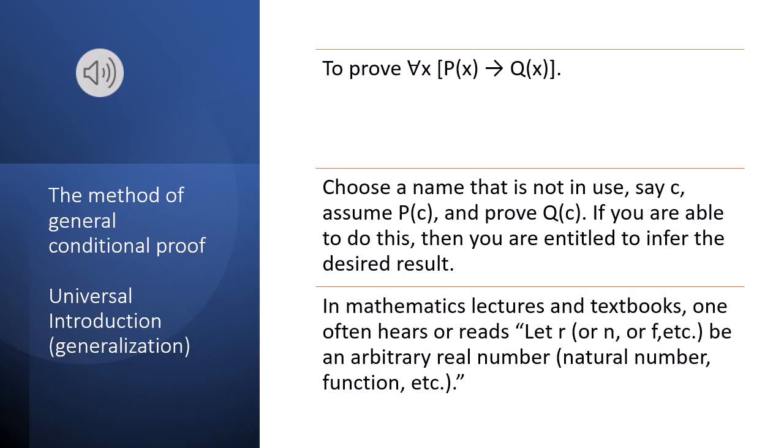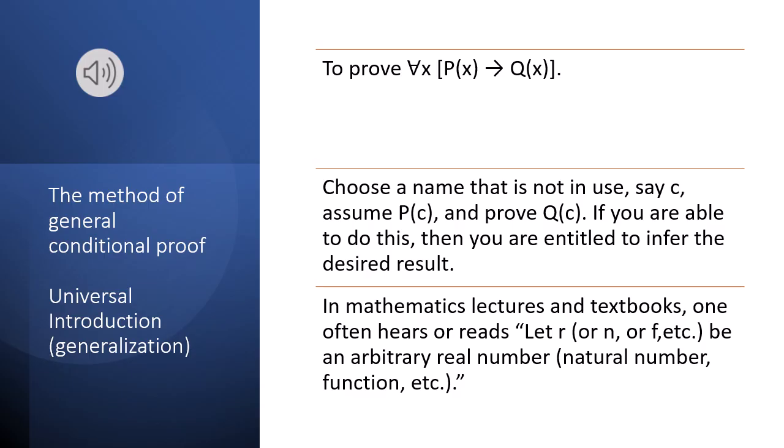Okay, so we have one more rule to talk about, or informal proof method. That's the method of general conditional proof. We'll also refer to that as universal introduction or generalization. And this is common practice in mathematics courses. And in fact, there's a certain phrase that appears whenever you're using the method of general conditional proof.